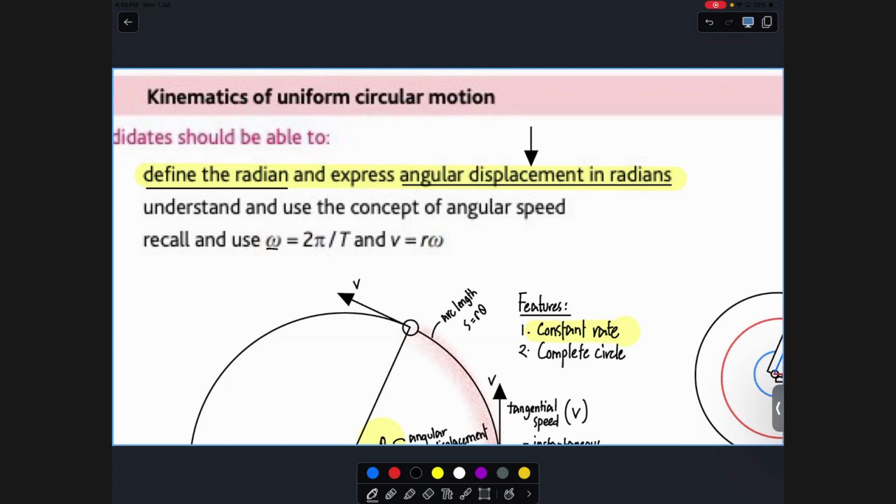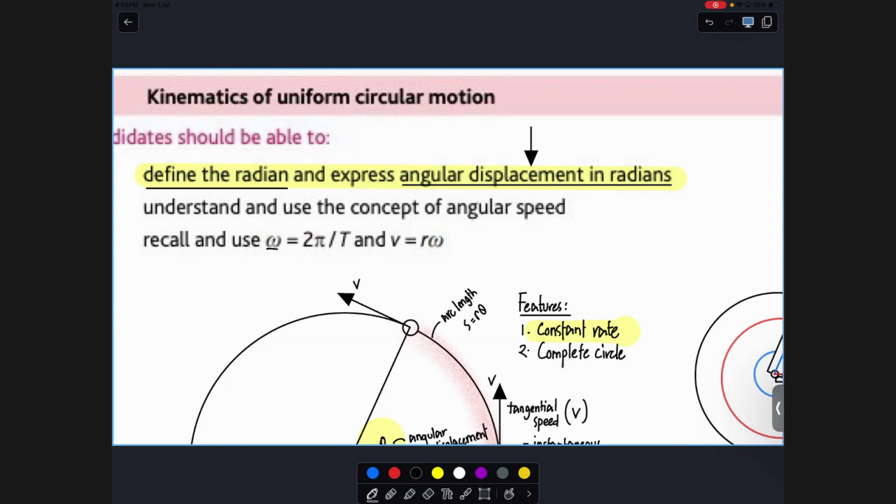57 degrees. 1 radian. But do you know what the definition is? Anyone? Angle between two vertices. No? Yeah, I know.